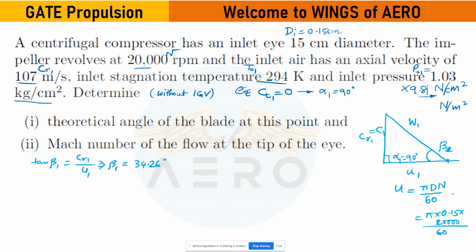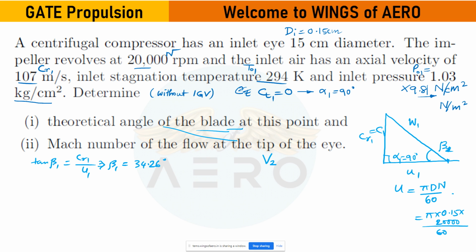What was the main aim? Was to find beta. So beta angle is known, blade angle is known. Now next is the Mach number of the flow at the tip of the eye. Now you need to find the Mach number. That means tip of the eye means you need to find the relative velocity, that is V2 you need to find.